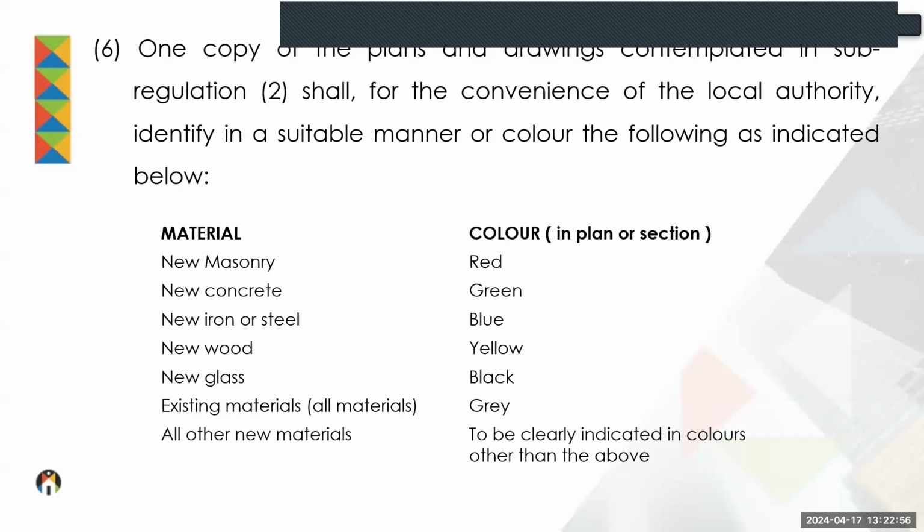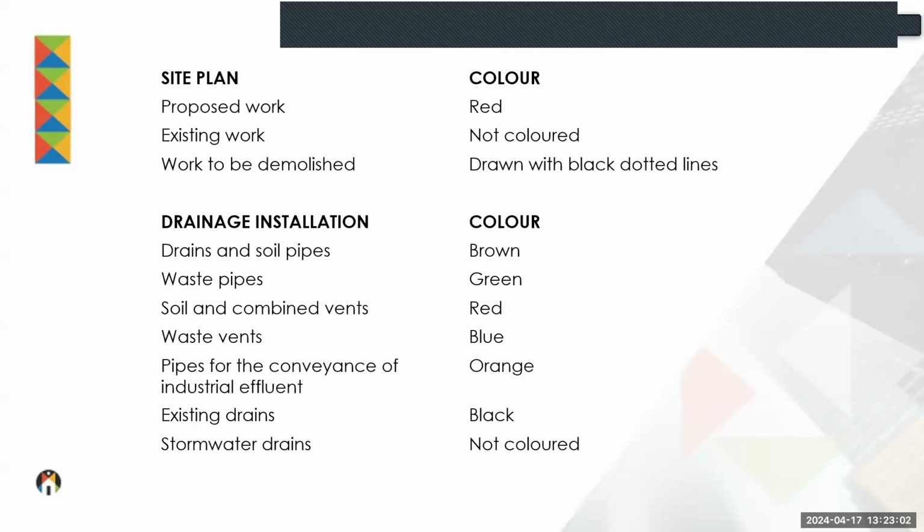And I believe that some sort of reference is then made to what those colors mean. On site plans, proposed work must be colored in red, existing work not colored, and if you want the work that is going to be demolished, in black dotted lines.